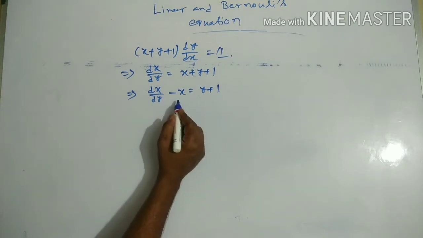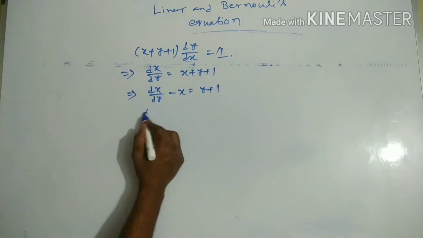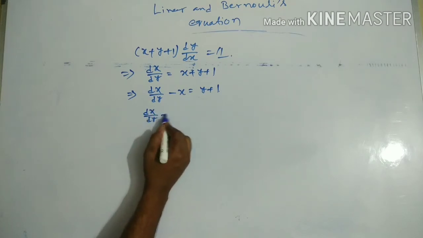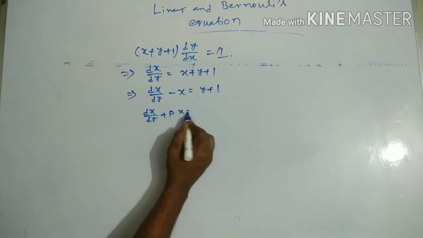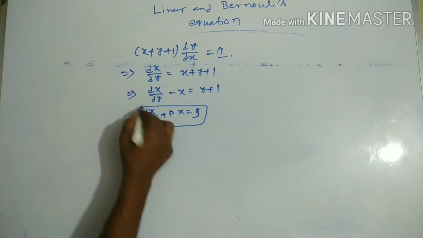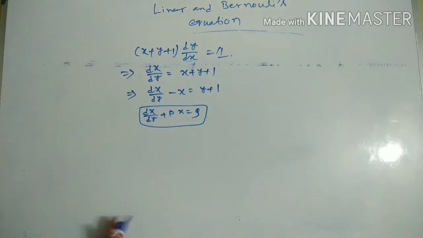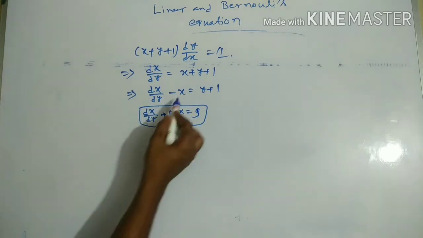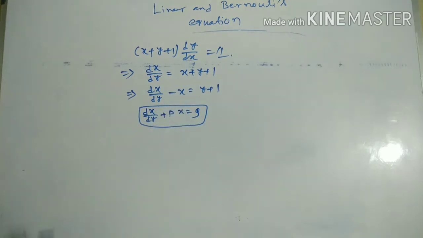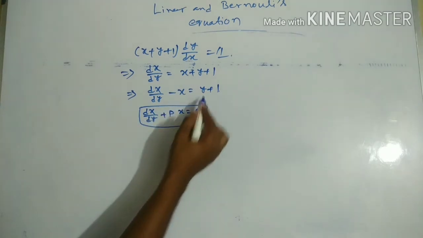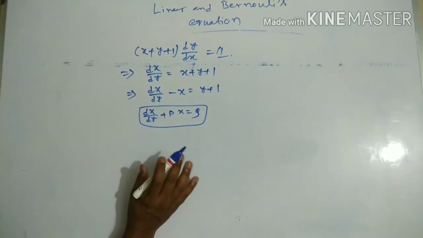Here the general form was dx/dy plus px equal to q. This was the general form where p and q are functions of y or constant. Here p is minus 1, constant, and q is y plus 1, a function of y.